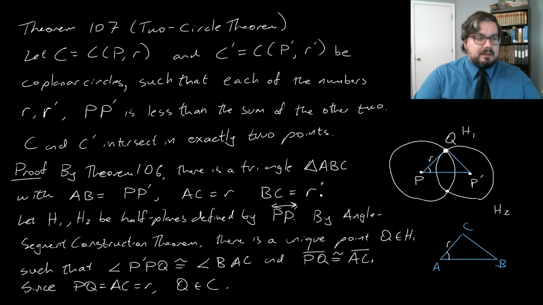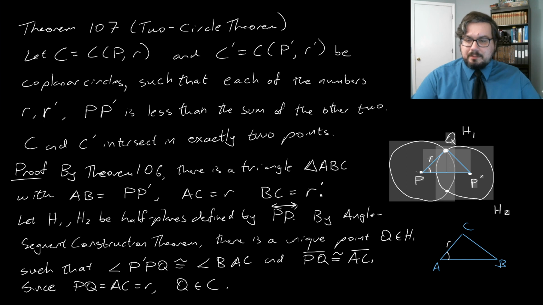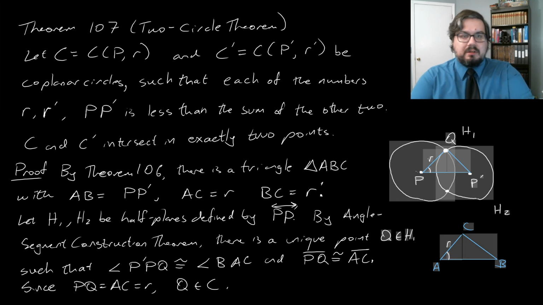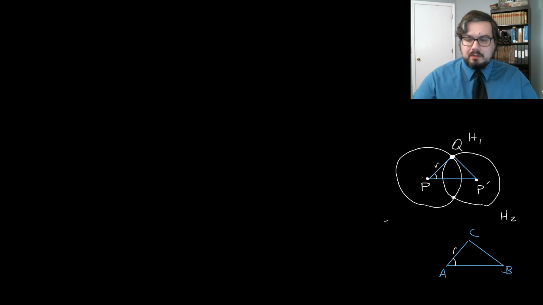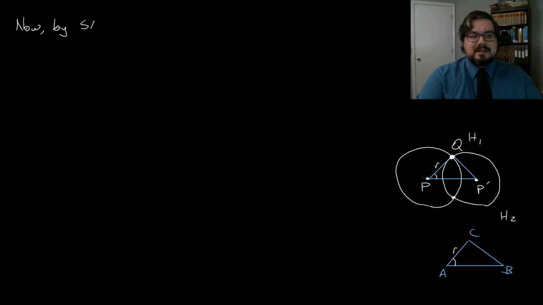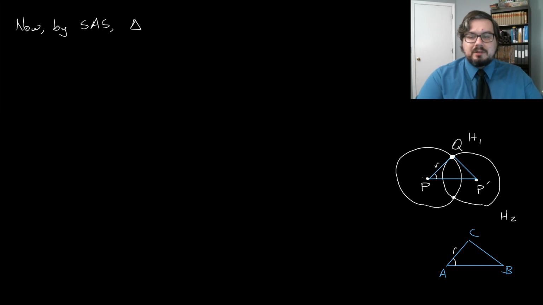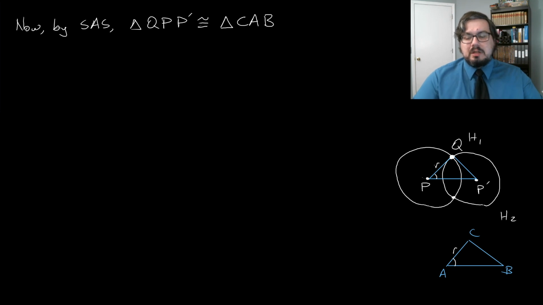Now, let me go to the next page. Let's grab these figures. Now, we have that by side angle side, triangle QPP prime is congruent to triangle CAB. We've got the two blue triangles in our figure are congruent to one another.